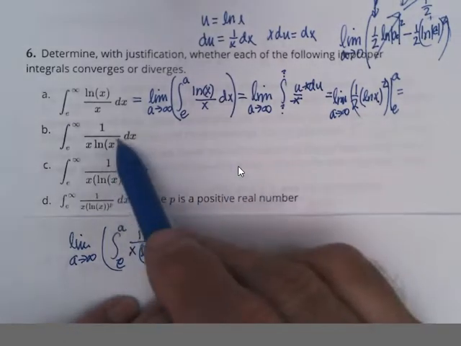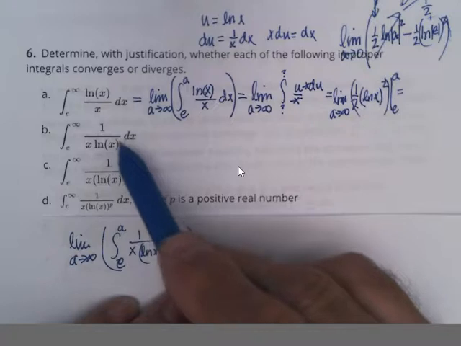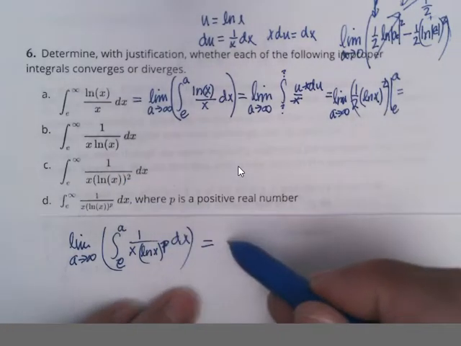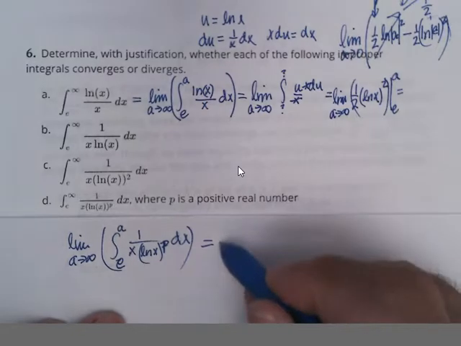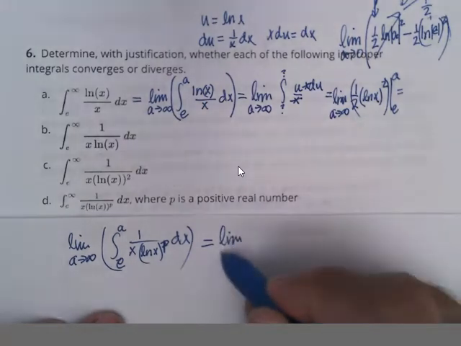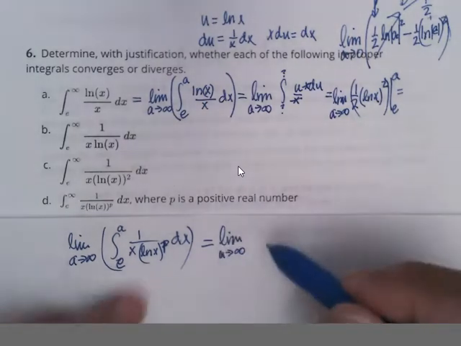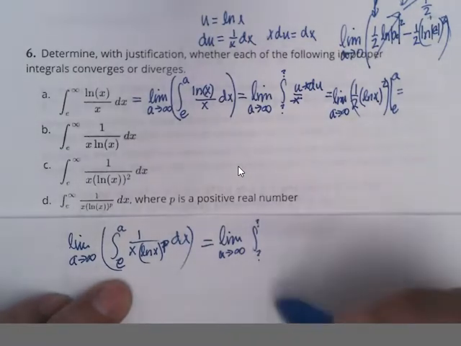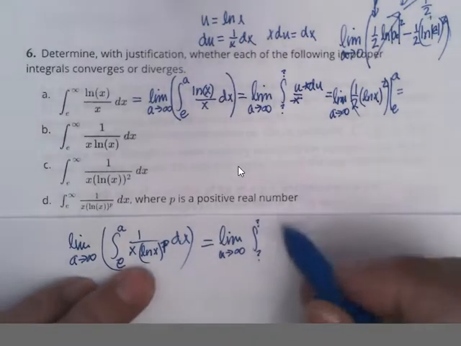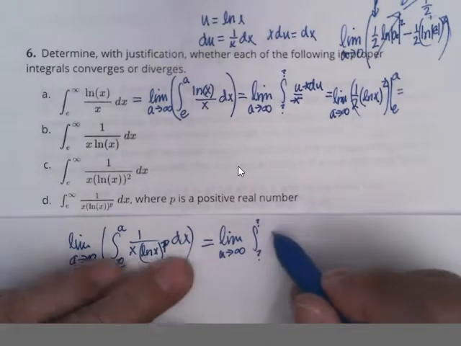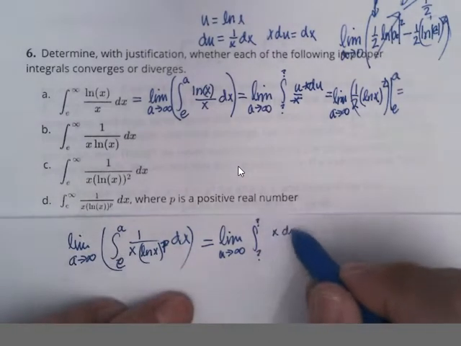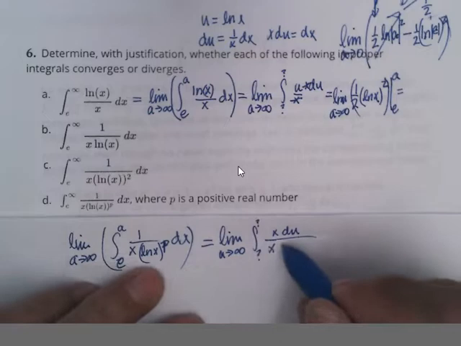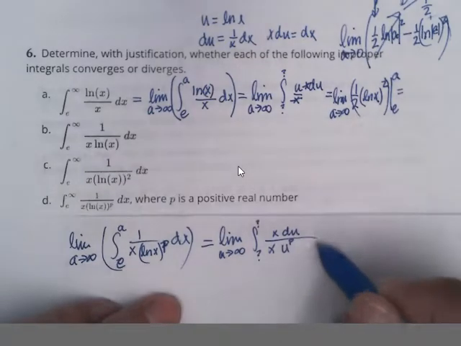If p is 1, it didn't work. It diverged. But if it's 2, it does work. So let's see what happens here. If we make that u substitution, we get the limit as a approaches infinity of the integral, and for dx we get x du, which cancels the x, and then we have u to the negative p power.